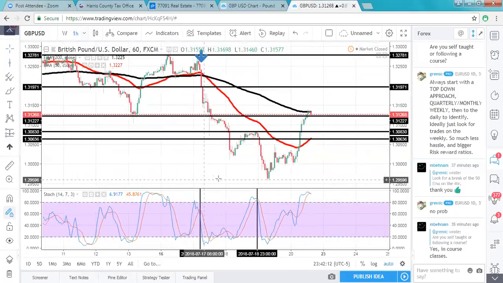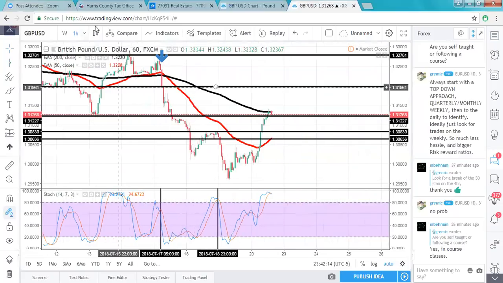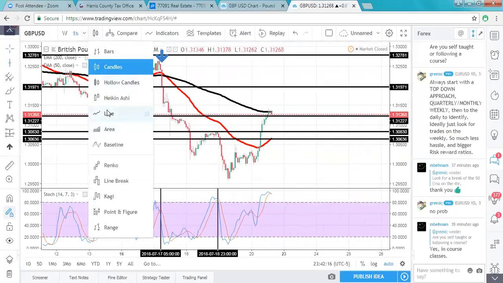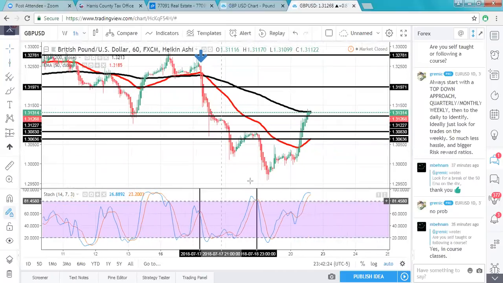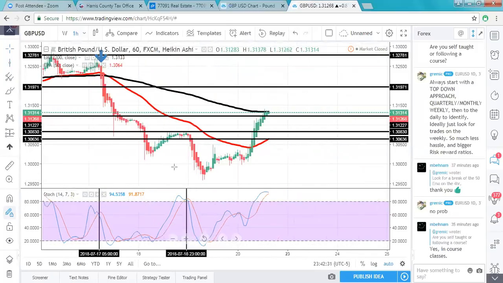So I see that on the day chart anyway, and you just kind of want to go back and forth and check that. So when I go here to the hour chart, I typically use this strategy on the hour chart. You can use it on higher time frames. You just have to be more patient, or you can use it on shorter time frames and go for less pips. So we're going to see our stochastic cross here.